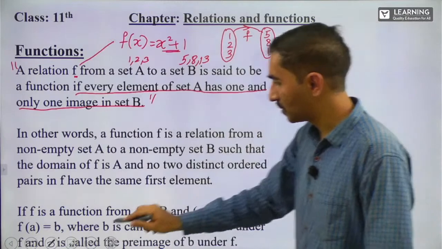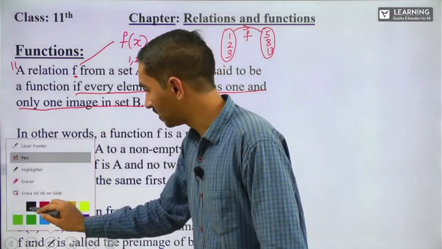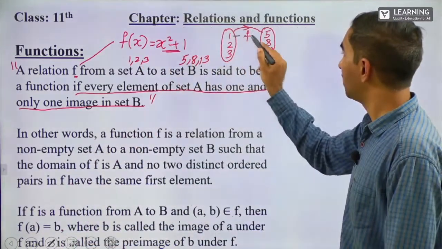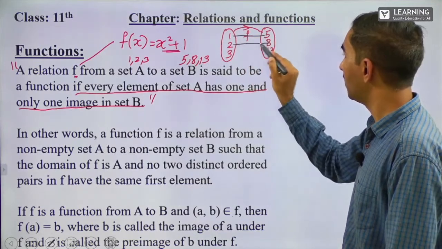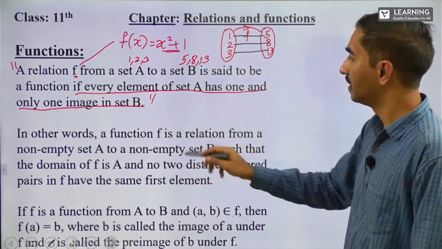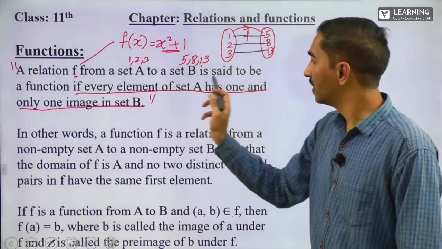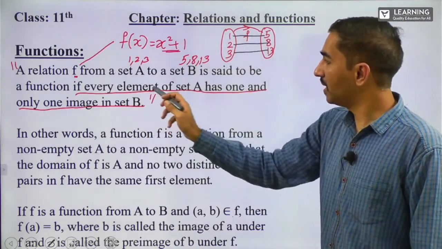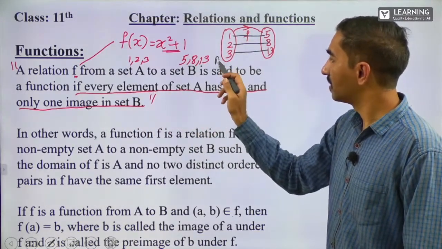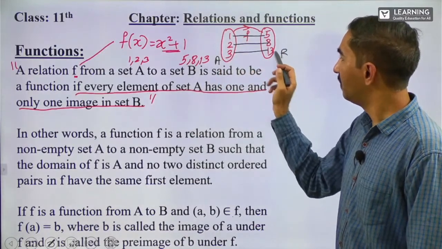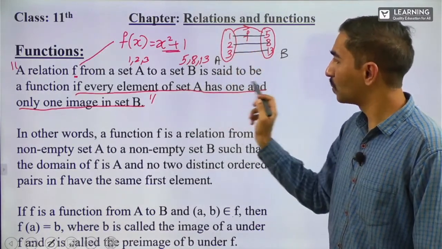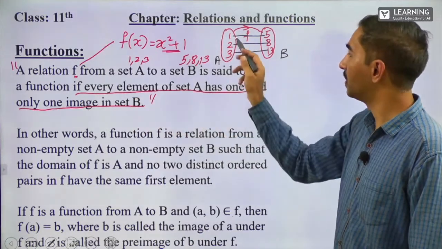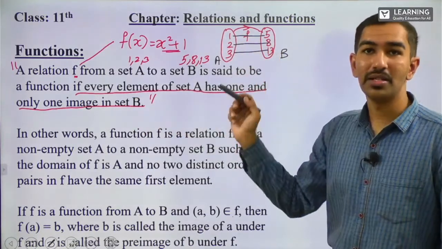Now just map it. For 1 you will get 5, for 2 you will get 8, for 3 you will get 13. Is this getting satisfied? This is set A, this is set B. Every element of set A has one and only one image in set B. Understood? So this is called a function.